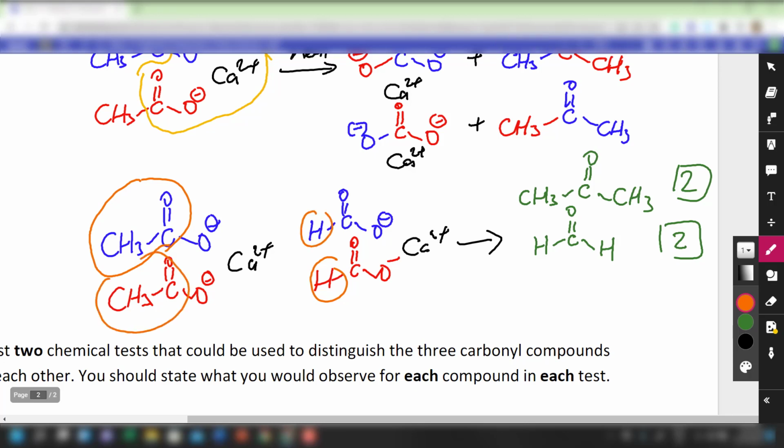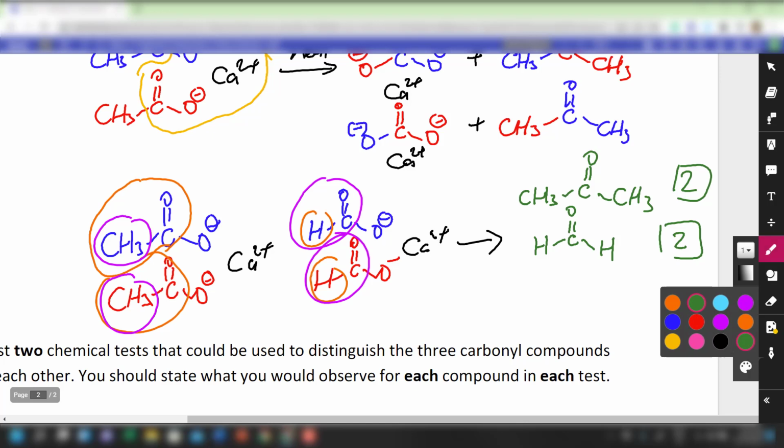So that's 2 ways. Then alternatively, I'm going to use purple. We can have this combination and this combination. So that means I will be able to get ethanol in 4 ways.